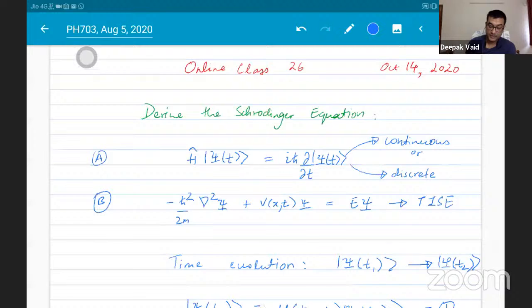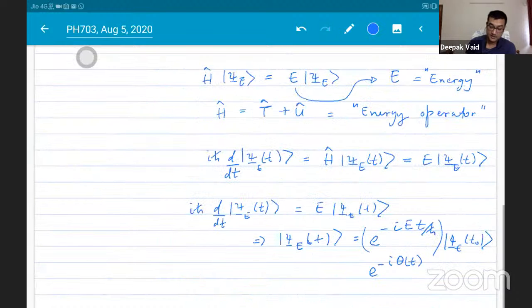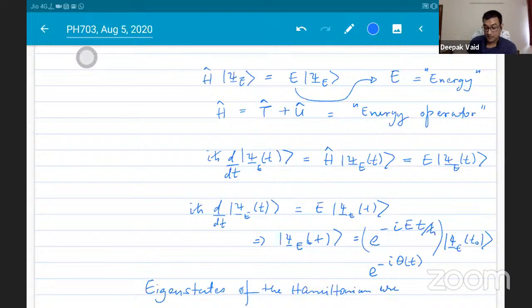So another way to say this is that eigenstates of the Hamiltonian are stationary states. They don't evolve, quote unquote. They don't evolve in time except by a phase factor.